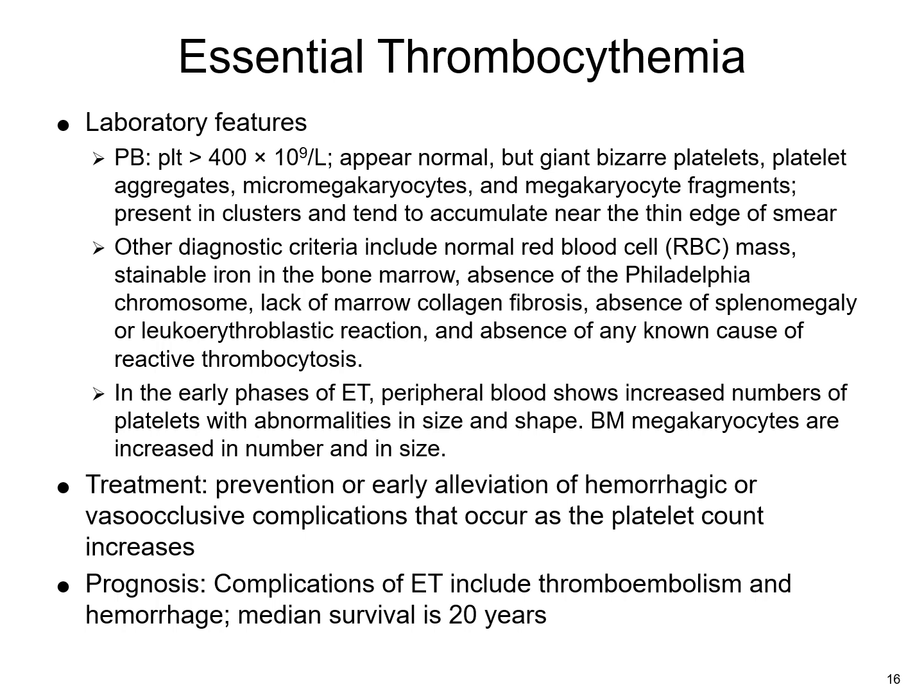Now, in the early phases of essential thrombocythemia, your peripheral blood will show an increased number of platelets with abnormality in the size and shape, which we kind of covered already. And then the bone marrow will have megakaryocytes that are increased in number as well as in size.